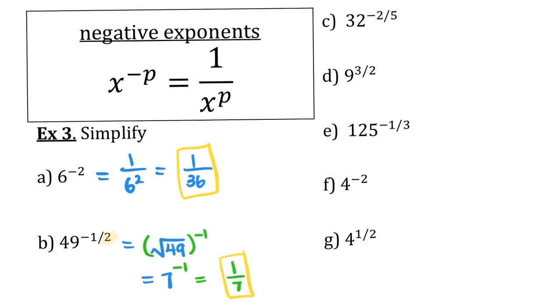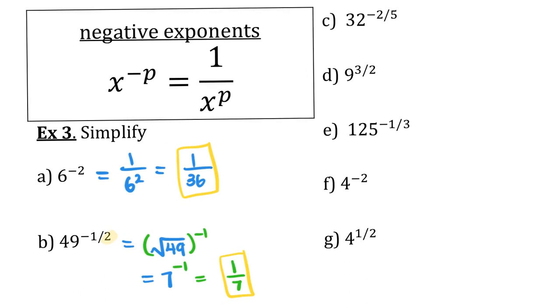Let's go up to C, 32 to the negative 2/5. Because it's a fraction, root. And I'm going to do the root first. So I'm going to do the 5th root of 32. Okay, after I do the 5th root, then I'm going to worry about the exponent, which is the negative 2.